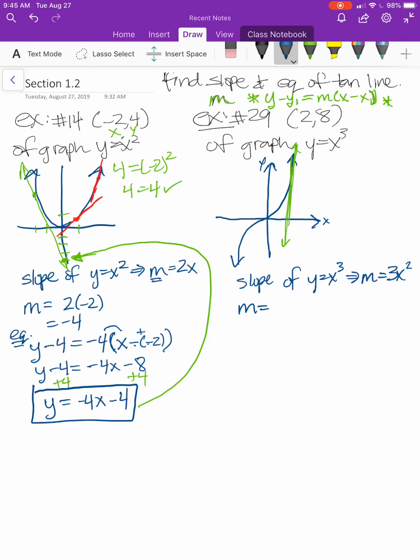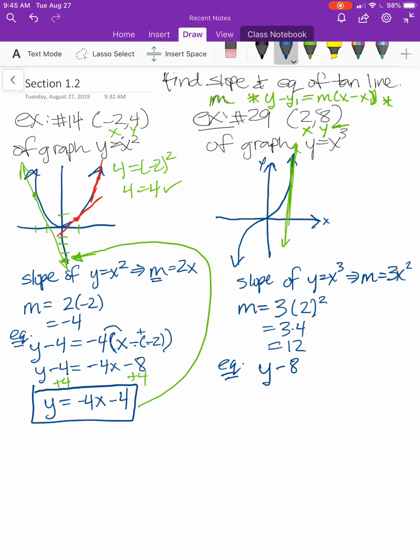So we take our x, which is 2, and plug it into 3x squared, so 3 multiplied by 2 squared. So 3 times 4 by order of operations, which is 12. Now we go back to the same equation of a line, y minus y1, so y minus 8, because we have our x and our y above, 2, 8.